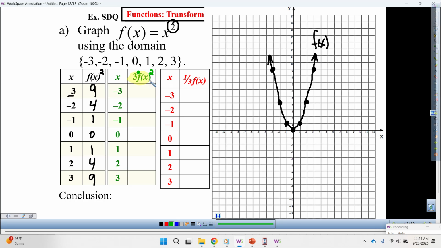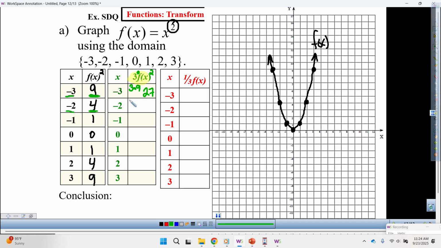Here it goes. Look up. When x was negative 3, what was f of x squared? Everyone? 9. But we have a 3 in front of it, so it would be 3 times 9, which is 27. Write that in there, please. The next one: when x was negative 2, what was f of x squared? It was 4.